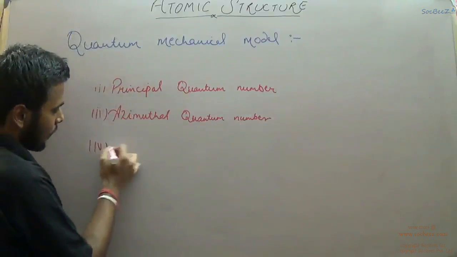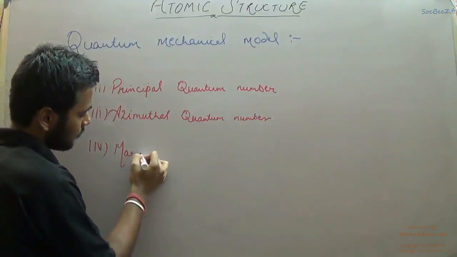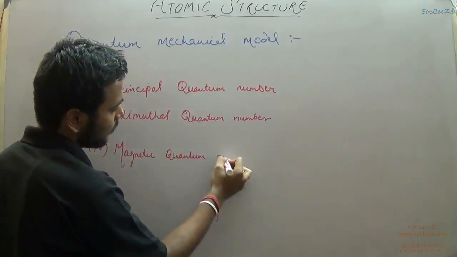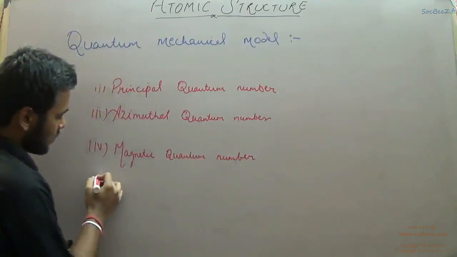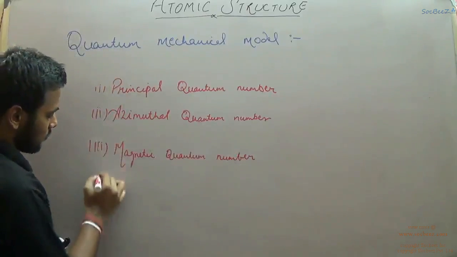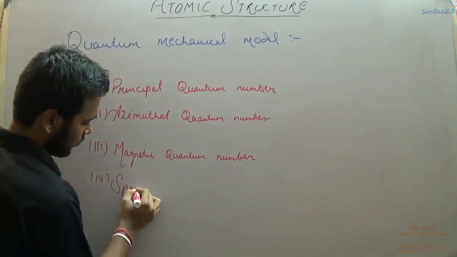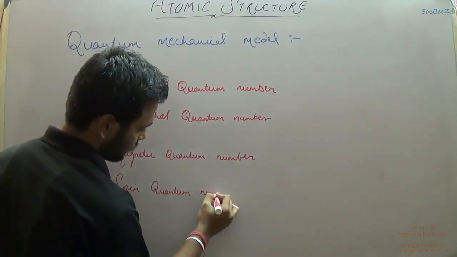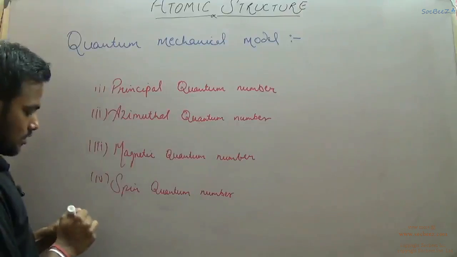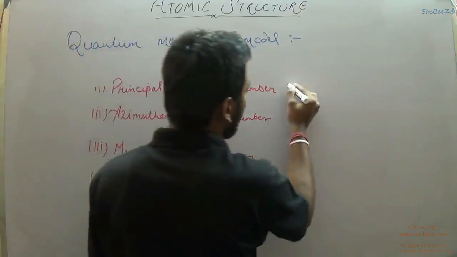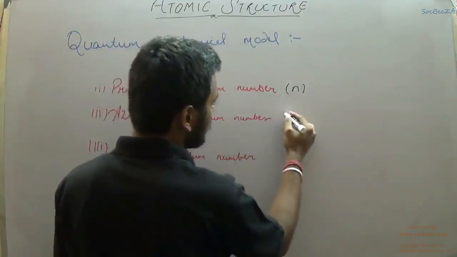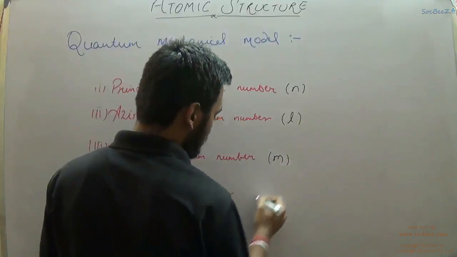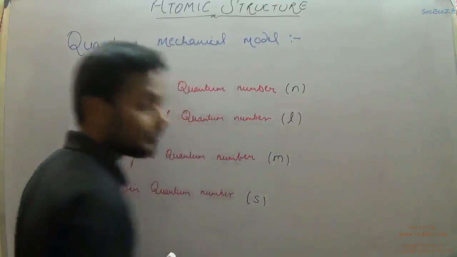It gives us the magnetic quantum number. And it also gives us the spin quantum number. The principal quantum number is denoted by N, the azimuthal quantum number by L, the magnetic quantum number by M, and the spin quantum number by S.